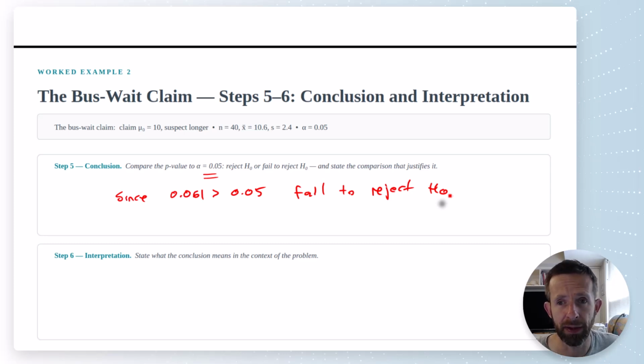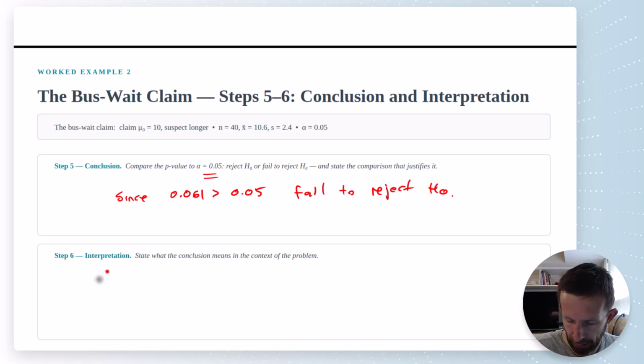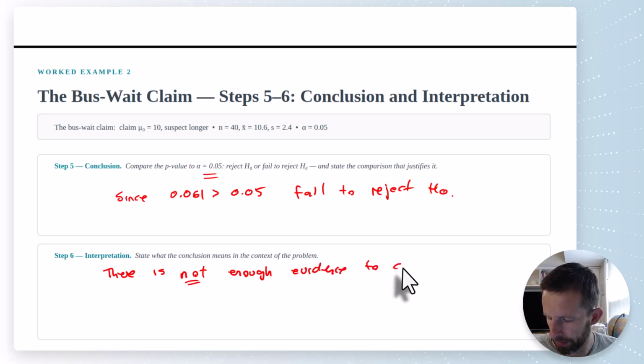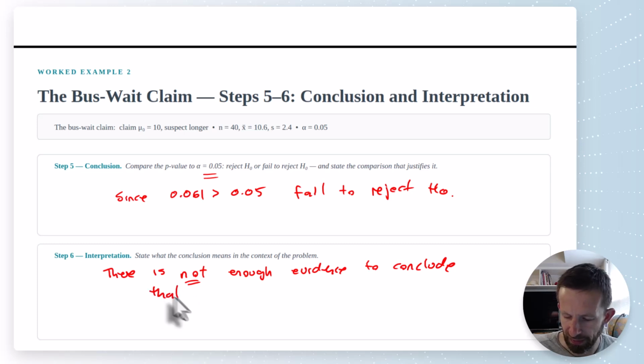So if we're keeping the null, what does that say about the alternate? There's not enough evidence to conclude that bus wait times are longer.